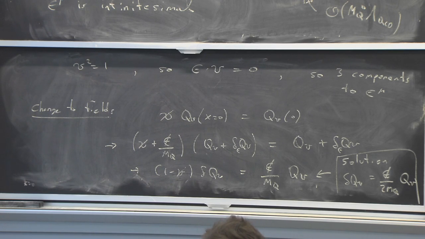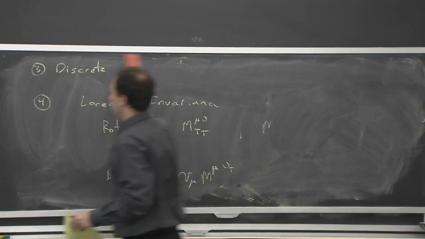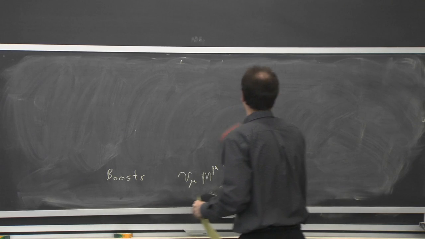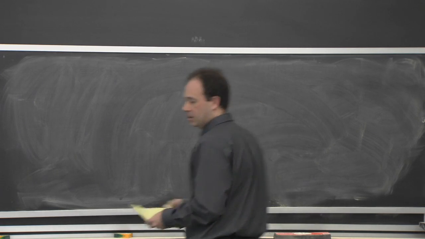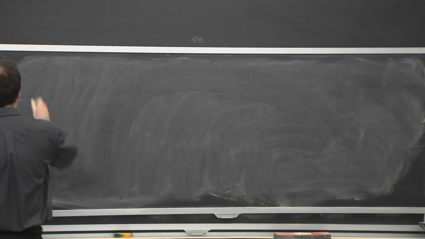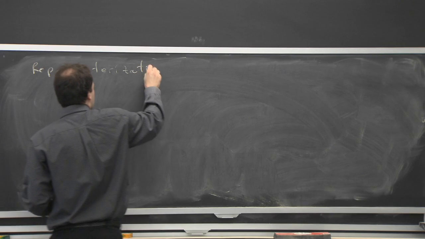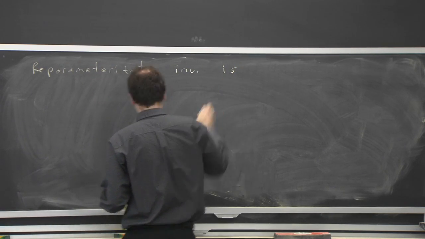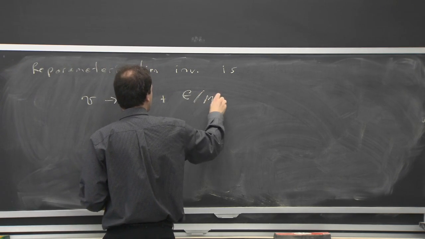And so when we talk about operators in the effective theory, we have to worry how the symmetry acts on them. And it's kind of a non-trivial symmetry. It was not apparent to us when we started, right? Okay. So the full reparameterization is v^mu goes to v plus epsilon over m_Q.